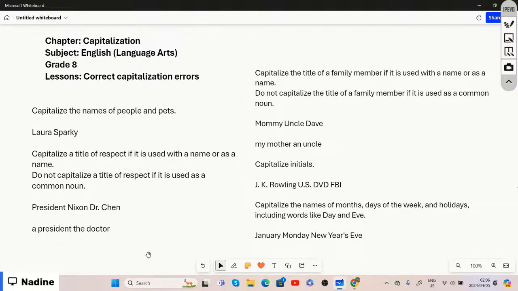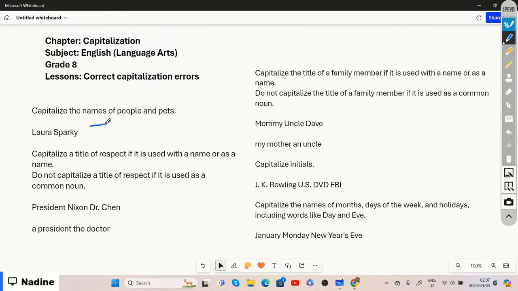All right. So when we capitalize names of people and pets, for example, if you are making mention of somebody's name, Laura, or Jake or Jack, that is how we capitalize a name.